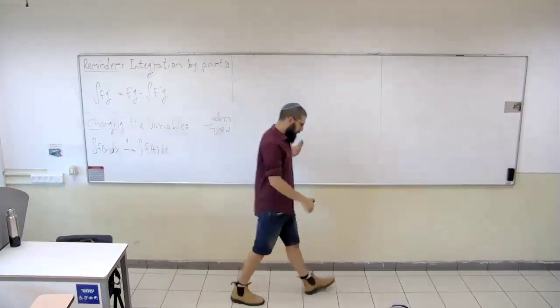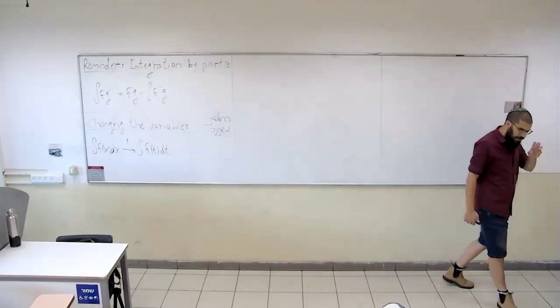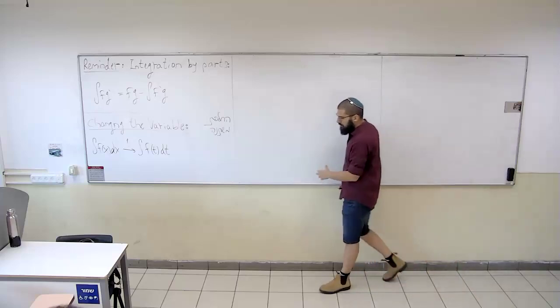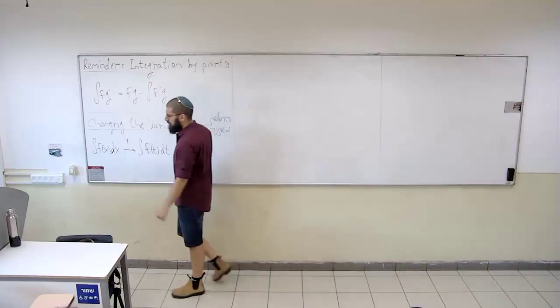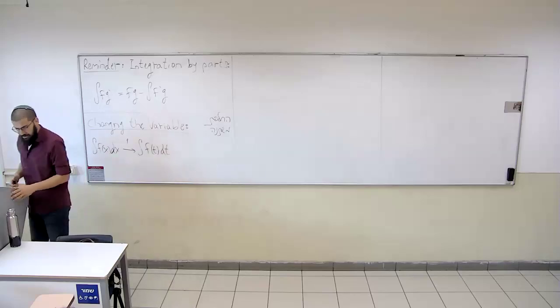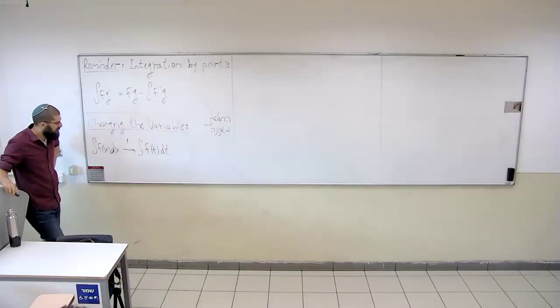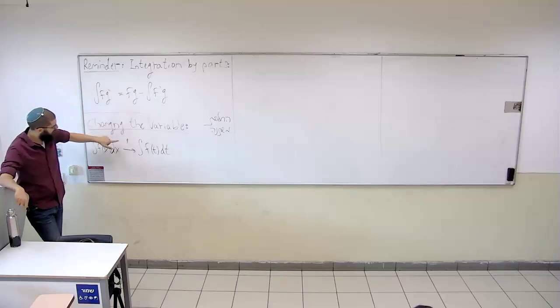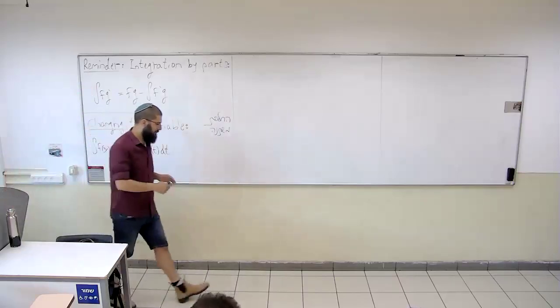Here we're trying to do the same. First of all, how do we change the variables, and then why would we like to do so? And we'll have a couple of examples, 3 examples. Integration by parts comes from the rule of how we differentiate the multiplication of functions. Where do we get the changing of variables from?